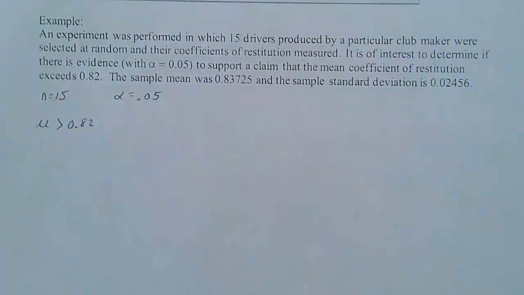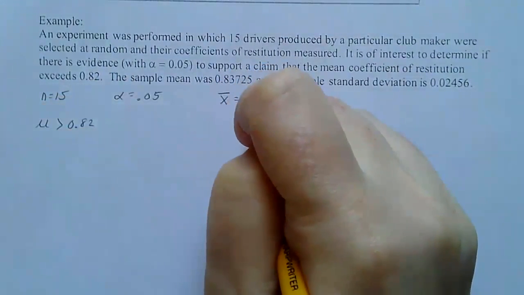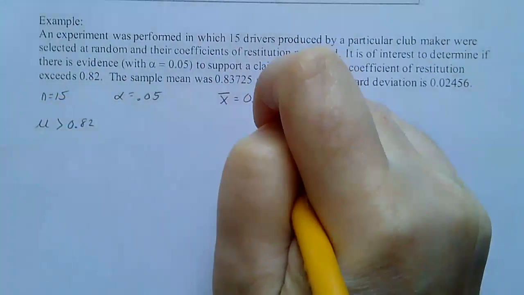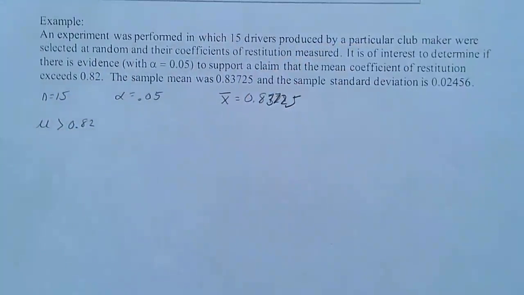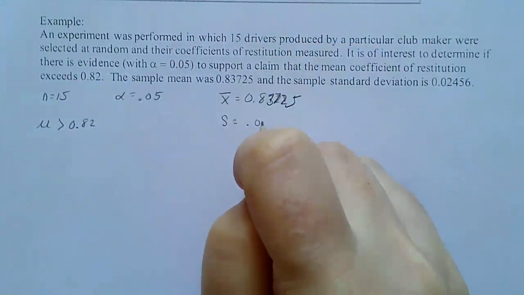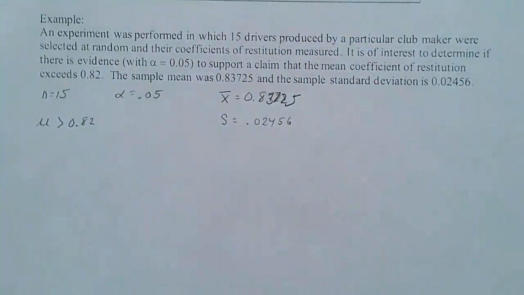0.82. The sample mean that was observed, x bar, is equal to 0.83725. That sample mean was collected and the sample standard deviation is 0.02456. Based on that sample mean and sample standard deviation and an n of 15, we're going to use our t.